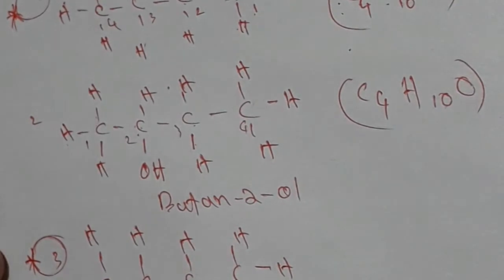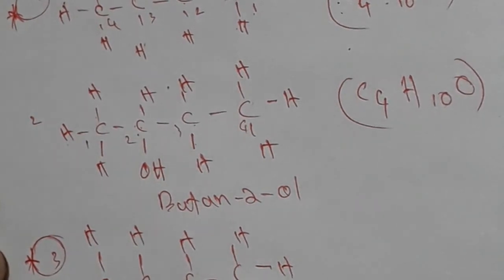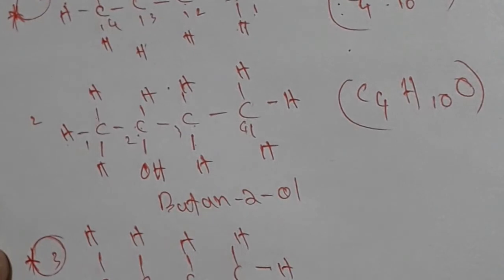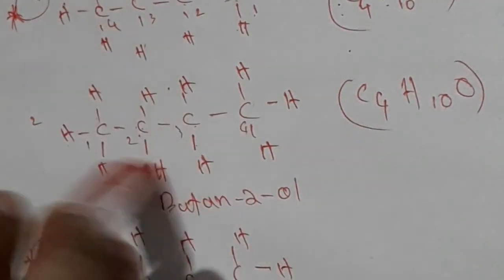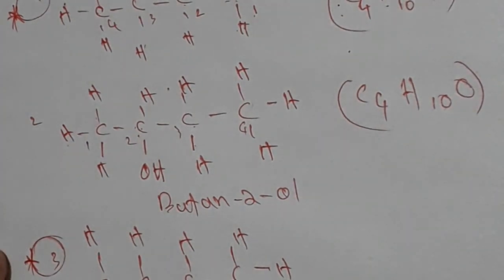Here also, the OH functional group is here, so we have to count 1, 2, 3, 4 not from here. OH functional group is over here, so this is the first carbon. So here again it is butane 1-ol. So 1 and 3 are not isomers. But 2 and 3 are isomers, and 1 and 2 are isomers. So you cannot do 1 and 3. They are not isomers. Clear?